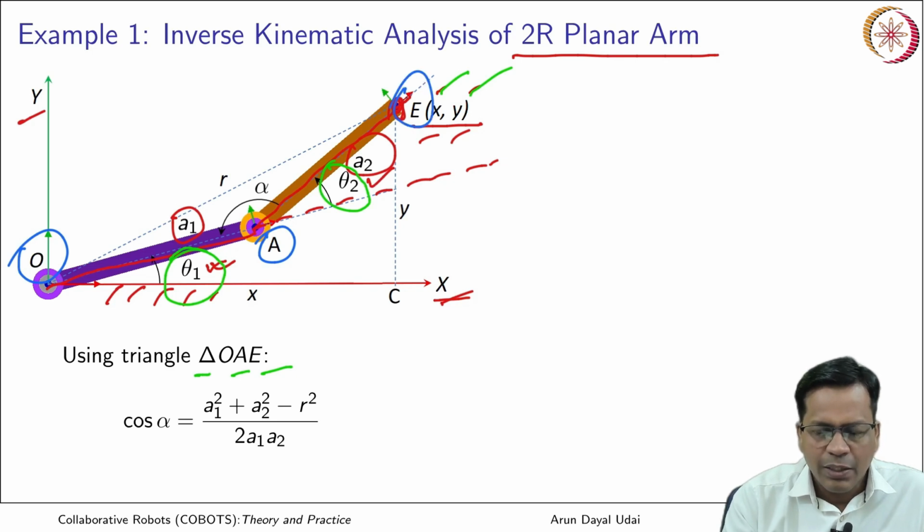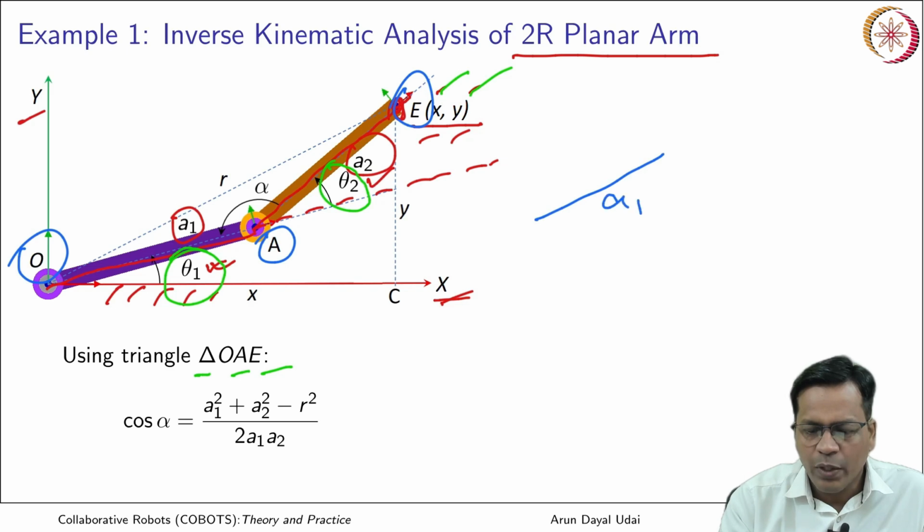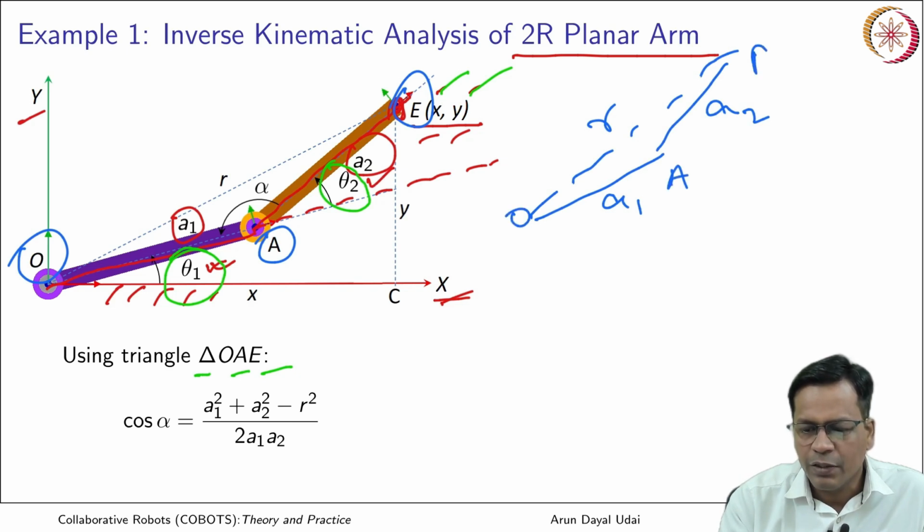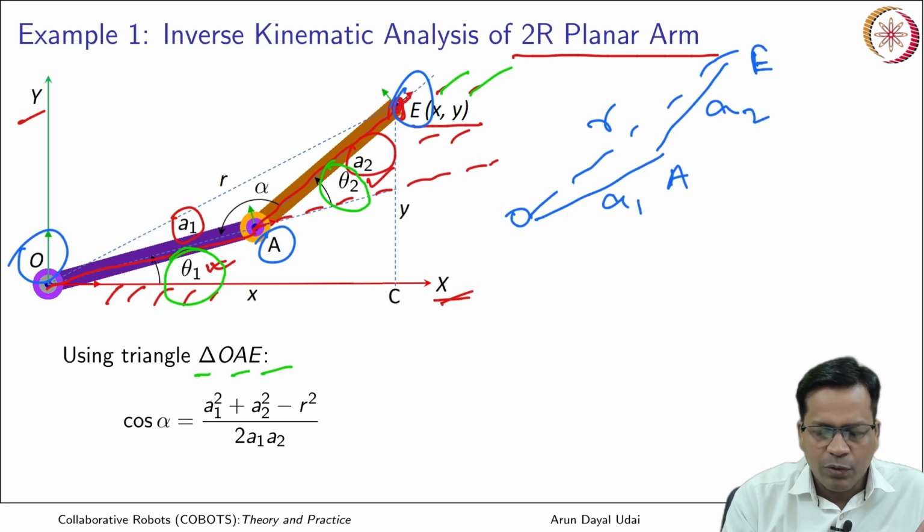So this is the triangle which comprises link length A1, link length A2, and this is R. This is O, this is A, this is E. If this is the triangle, using the cosine rule, I can get cosine of alpha.